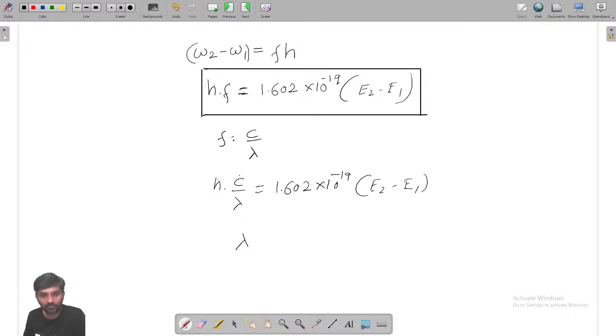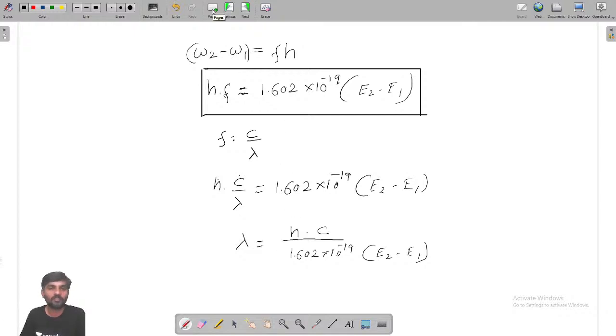So lambda is equal to h into c by 1.602 into 10 to the power of minus 19 into E2 minus E1. Substitute the value of h and c.